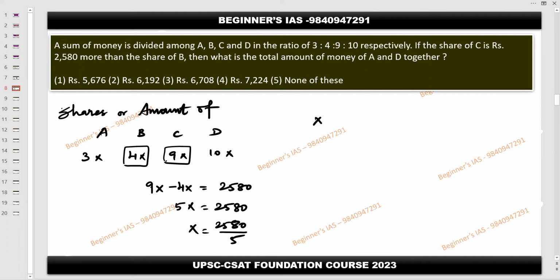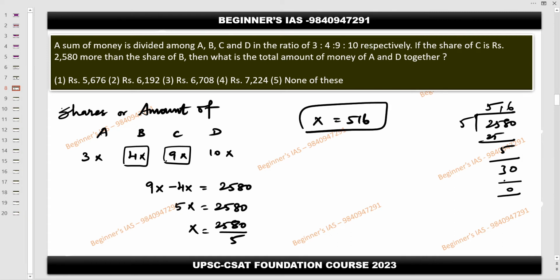Then x will become 516, so x is equal to 516, but you need to calculate the total amount of money with respect to A and D together.